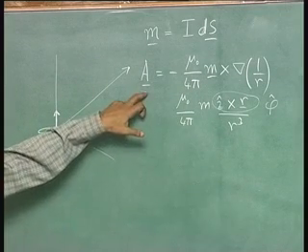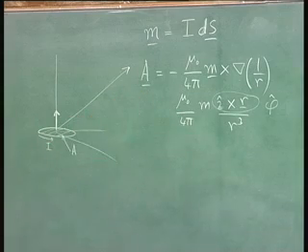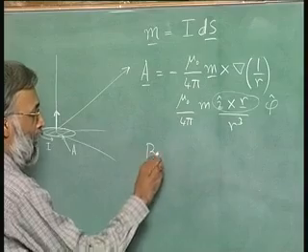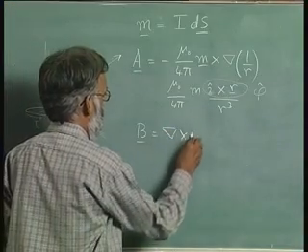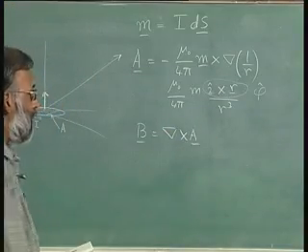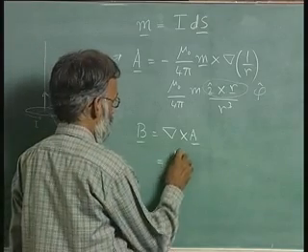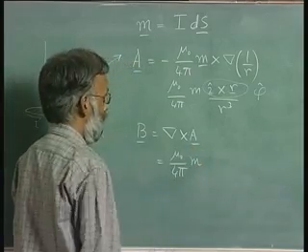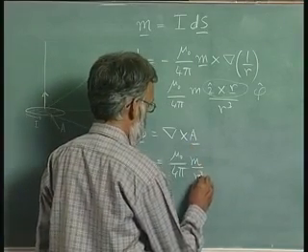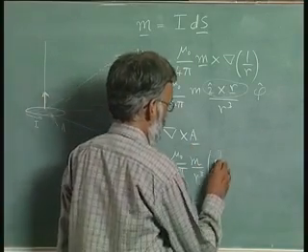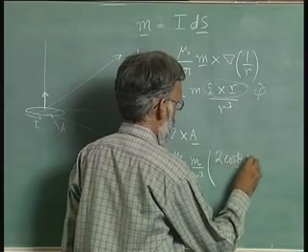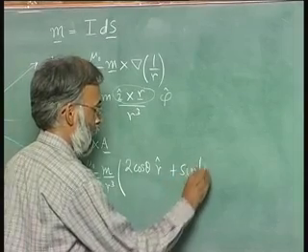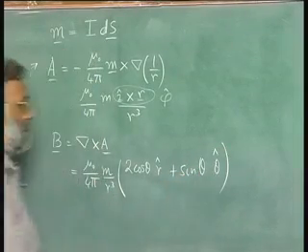So, A has only the phi component, and when you derive B from A, B is nothing but curl of A, you find that it is equal to mu naught over 4 pi times m divided by r cubed times twice cos theta r hat plus sin theta theta hat.